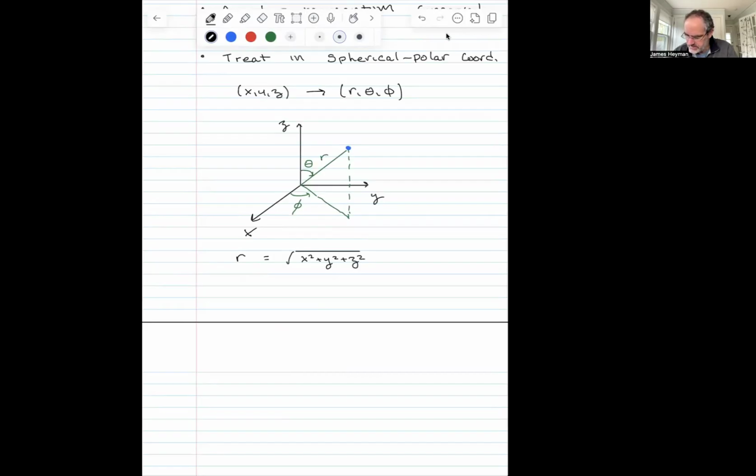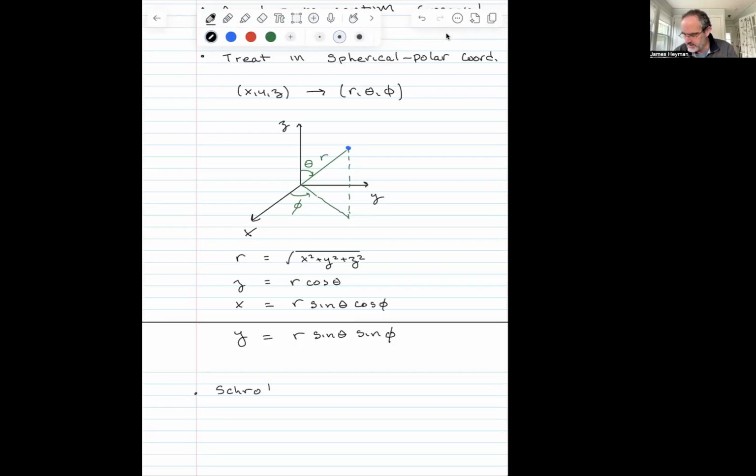And trigonometry shows us that z can be written as r times cosine theta. x can be written as r times sine theta times cosine of phi, and y can be written as r times sine of theta, sine of phi. Okay? All right.